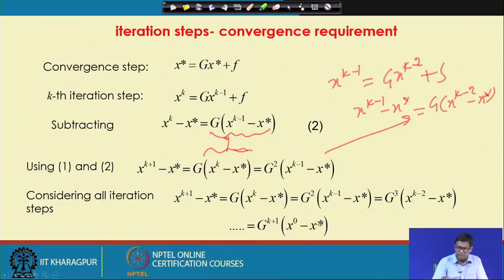So, the initial error is being multiplied by the (k+1)th power of G after the (k+1)th iteration. Every time I am multiplying the error by a G, and finally the initial error will be multiplied by G to the power k plus 1 to get x_(k+1) minus x star. So, if G is a small value, or if G is less than 1, then we will do several multiplications and finally get a converged solution.